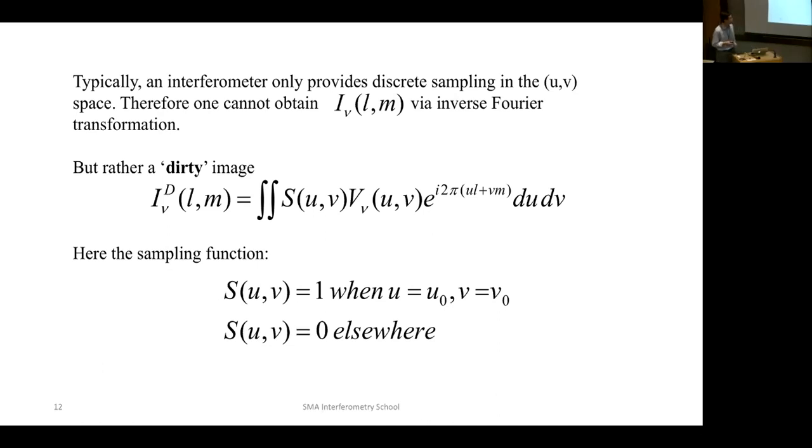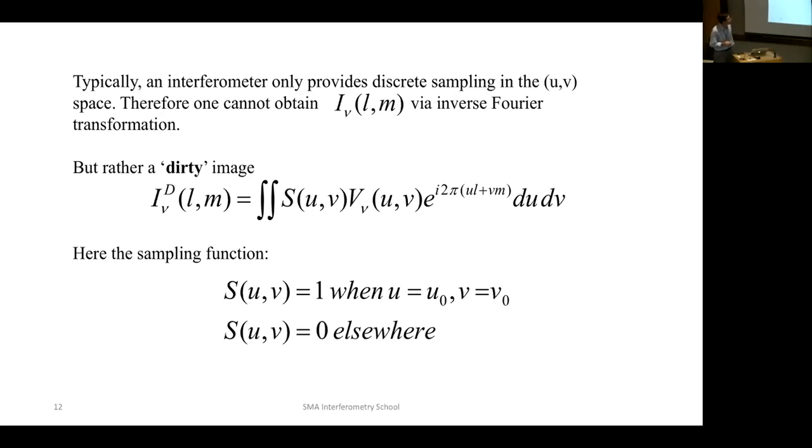When you have the interferometer, we're not sampling this u-v plane continuously, because your antennas are discrete. So you have discrete baselines here. Let's introduce the sampling function of u and v, S(u,v).